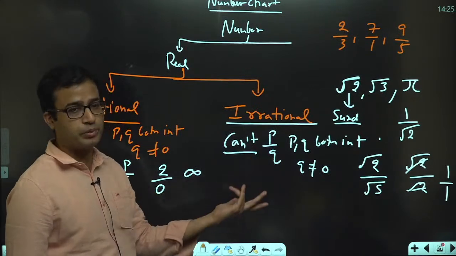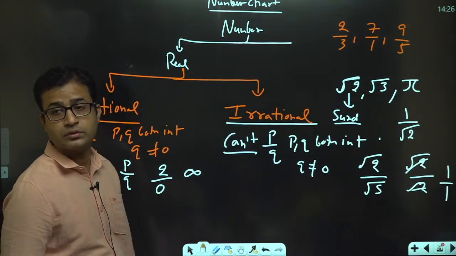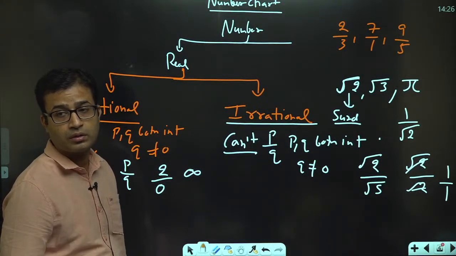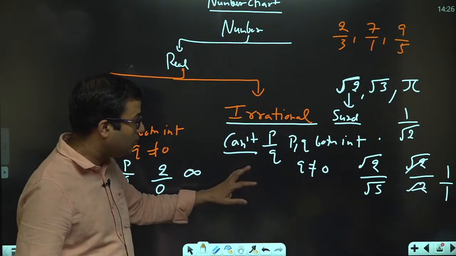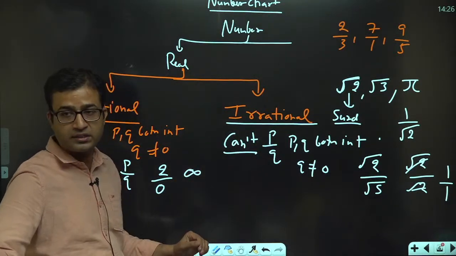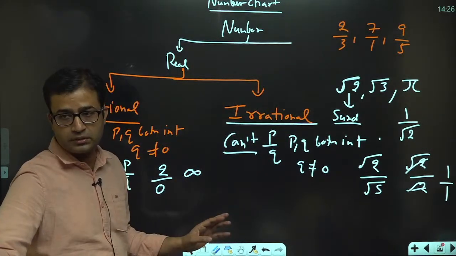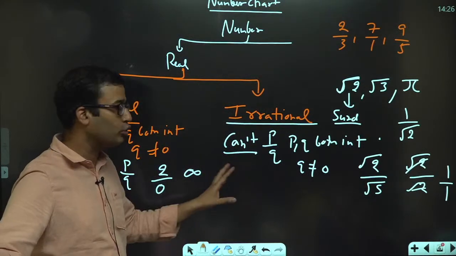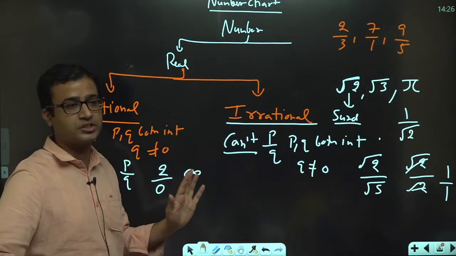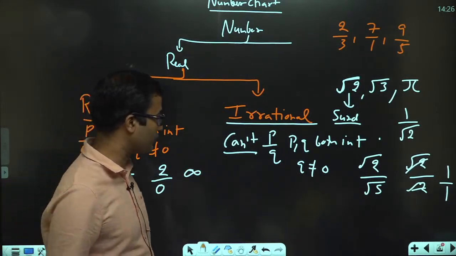So first you have to simplify it. Here maybe the numerator is an integer, maybe the denominator is an integer, maybe both are not integers. दोनों integer नहीं होंगे. If both are integers, then it becomes a rational number other than 0. Denominator cannot be 0. Denominator 0 नहीं हो सकता उस केस में.